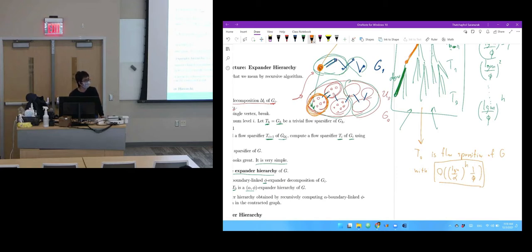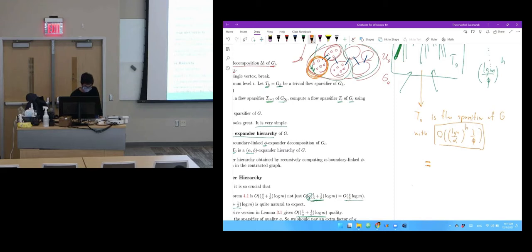How do you do that? So first of all, alpha, you should think of alpha as just 1 over log m. But this can be made small. How would you set it? How would you make it small? 2 to the power root log. Right.